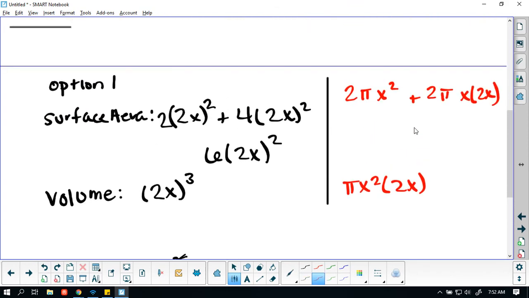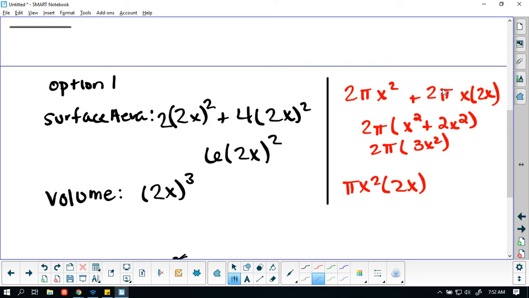All right, looking at the cylinder, I'm seeing if I can simplify here because we have 2 pi as the greatest common factor times x squared plus 2x squared. That gives 3x squared.